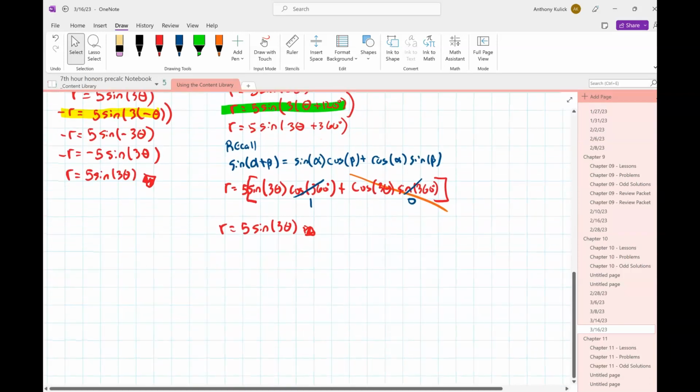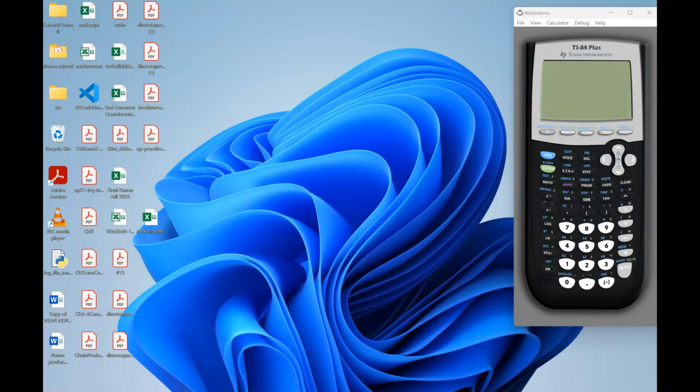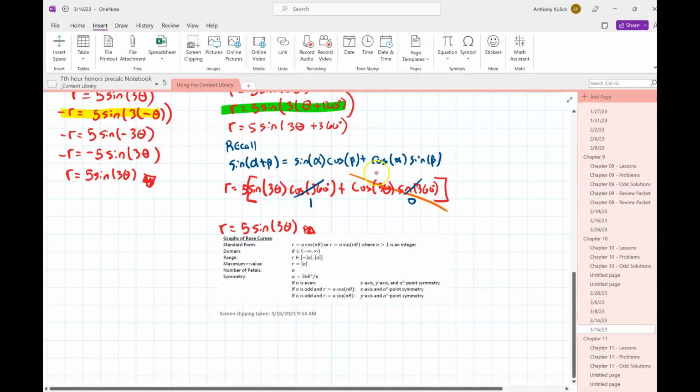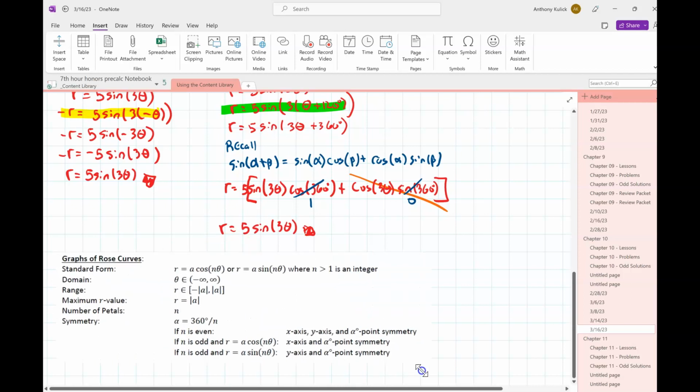Then we're going to talk about two types of graphs for polar functions. The first type is called a rose curve.